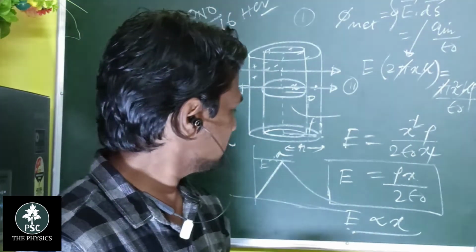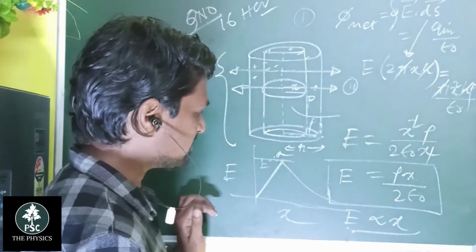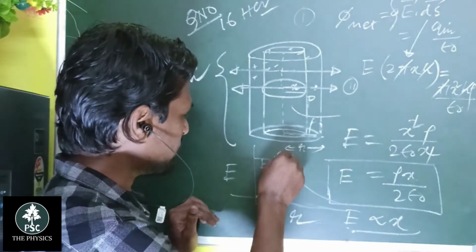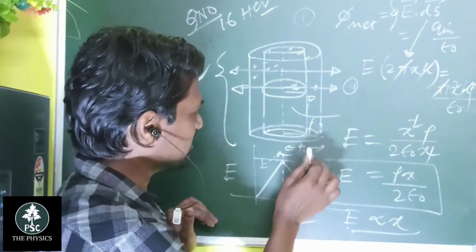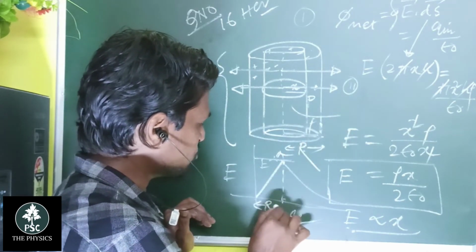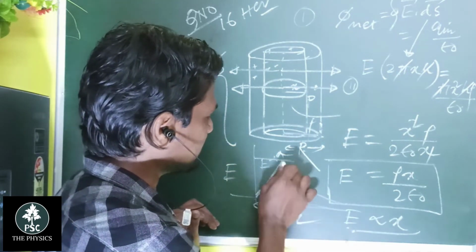Okay. So you can draw an E versus x graph, E versus r graph, distance. If you take this as capital R, then up to capital R it increases linearly since it is proportional to x, and then decreases.